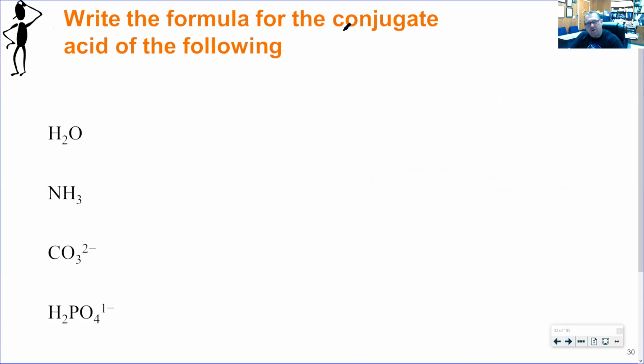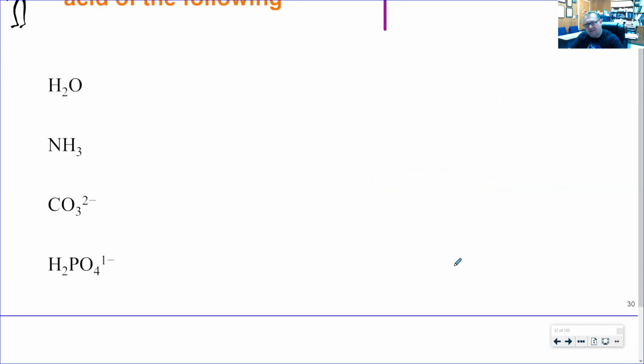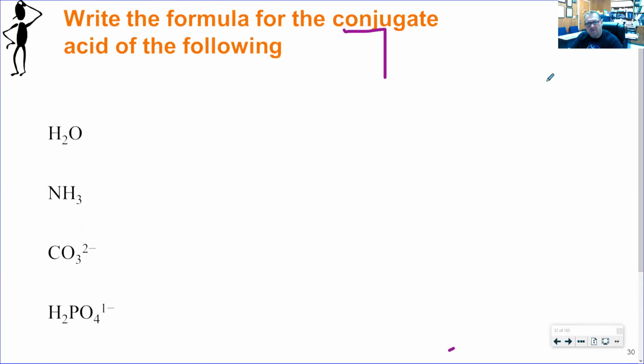If we want to know the conjugate acid in the system, that means after the system has accepted the proton. So if I look at the water molecule, H2O, and it accepts a proton, the conjugate acid would be H3O+. All right. If I look at NH3, after it accepts a proton, it would form NH4+.